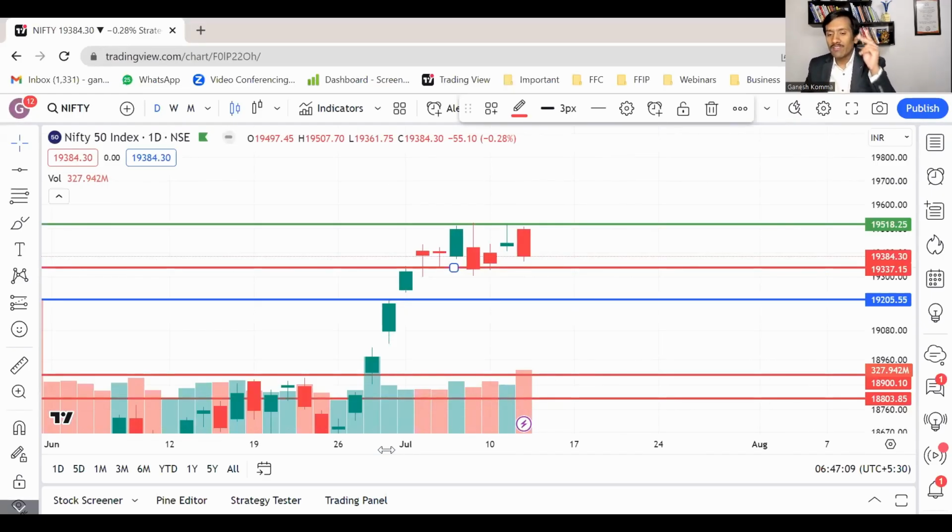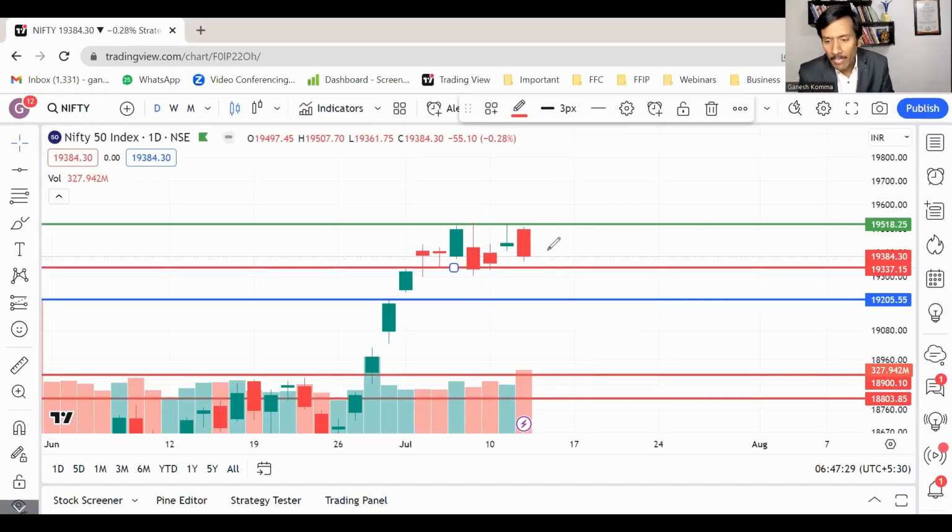S1, S2. If Nifty falls below it, it becomes weaker. But let's suppose, we can't predict the future. In the market you can't predict the future, but you can have some realistic data pointers.